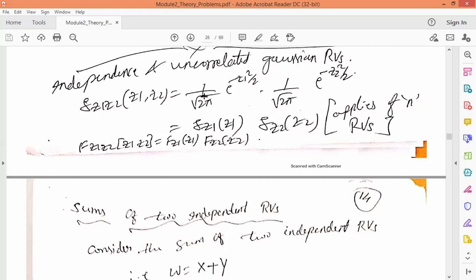That is equal to 1 by root 2 pi e to the power minus z1 square by 2 into 1 by root 2 pi e to the power minus z2 square by 2. As I said, it is nothing but the product of f z1 of z1 into f z2 of z2. Similarly, you can write the equation for the CDF also. The CDF is given as F z1 z2 of z1 comma z2 is equal to capital F z1 of z1 into capital F z2 of z2.